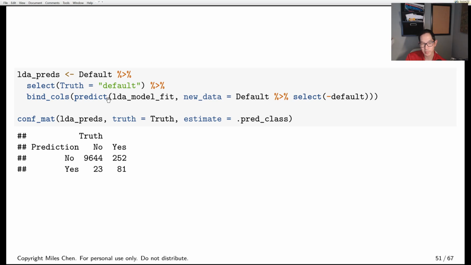Now make a confusion matrix. The truth is our truth column, the estimate is our dot predicted class, because that's what we get when we call predict. And this is our confusion matrix: 9644, 23, 252, 81.